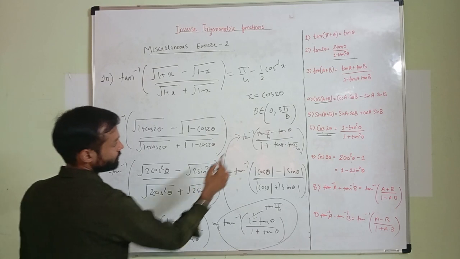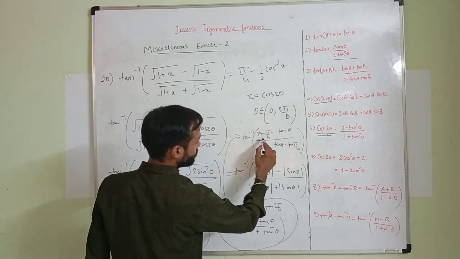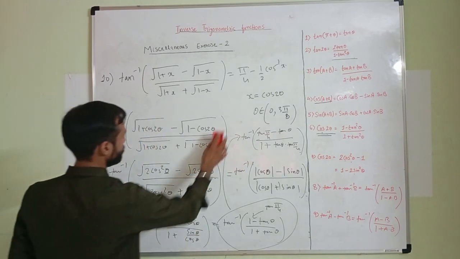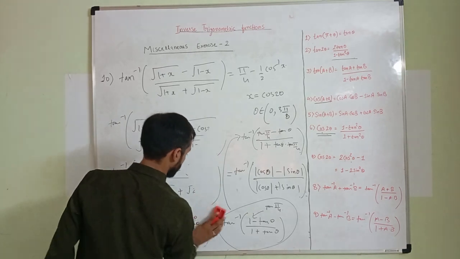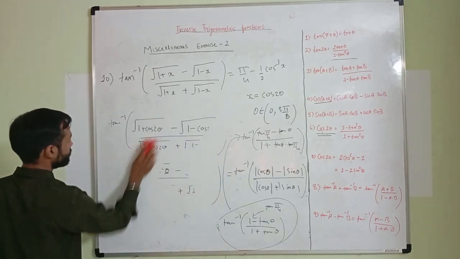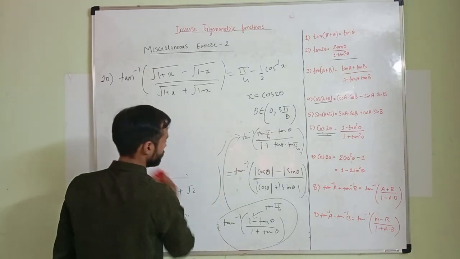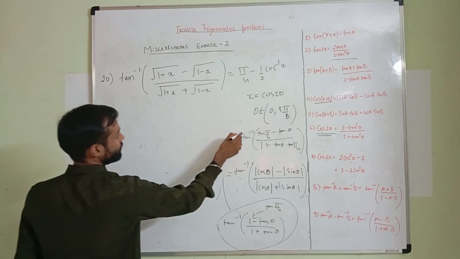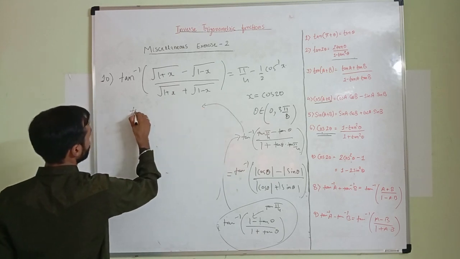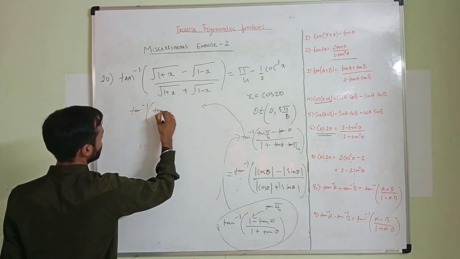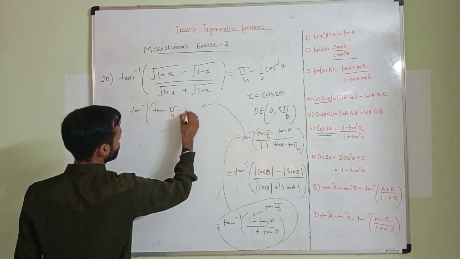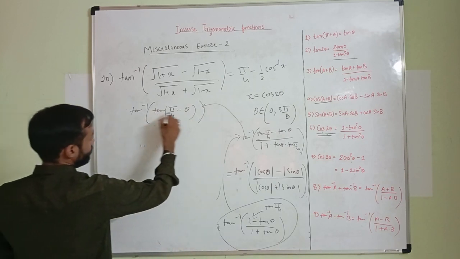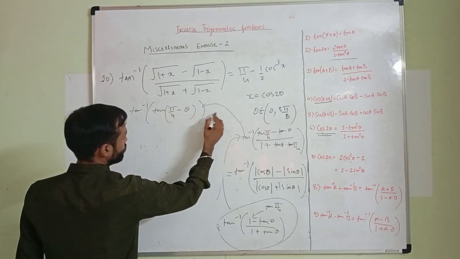So finally this equation is in the form of tan inverse of tan of pi by 4 minus theta. We are writing it here. Ultimately this can be written as tan inverse of tan of pi by 4 minus theta, which equals pi by 4 minus theta.